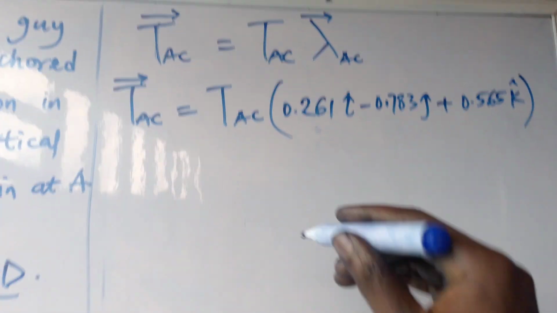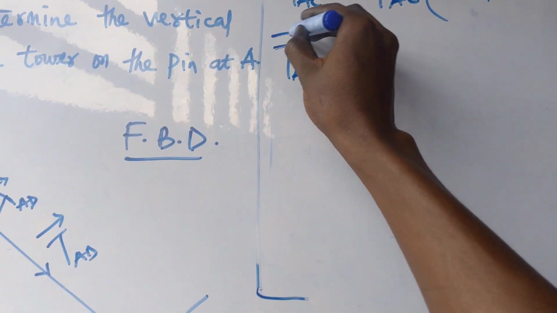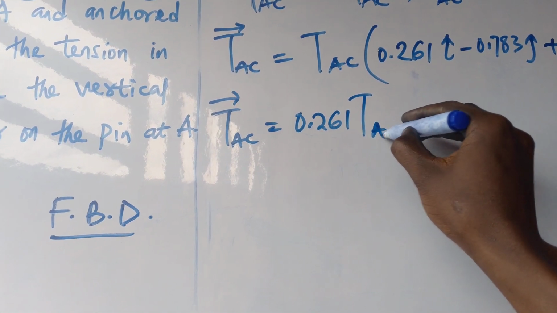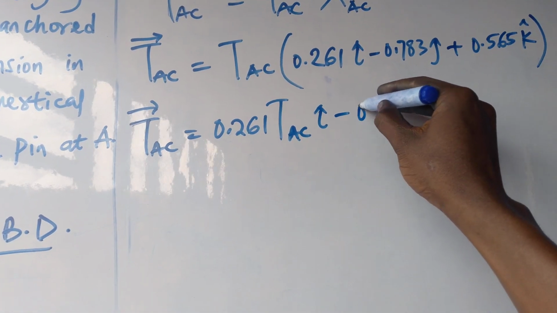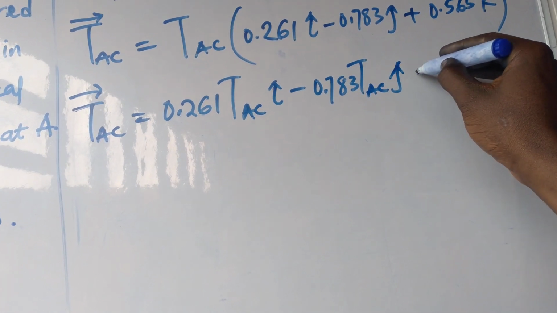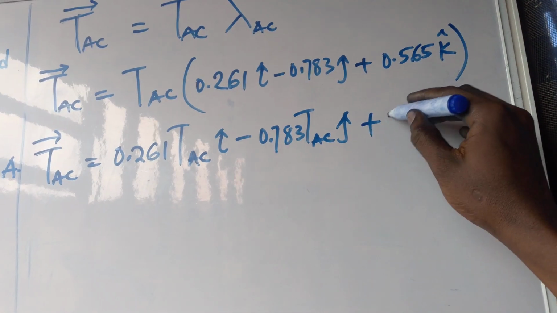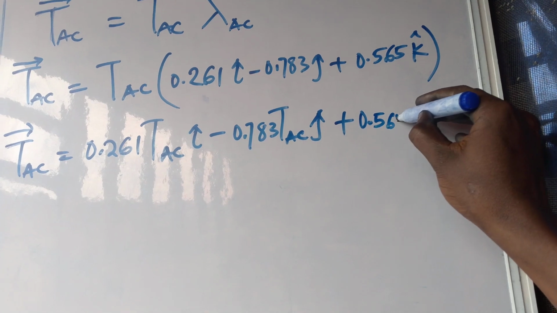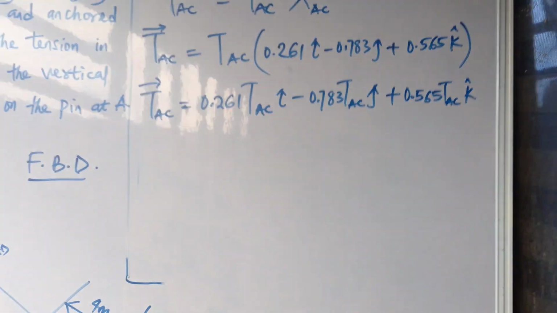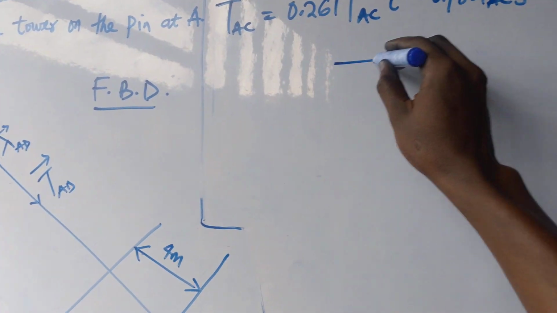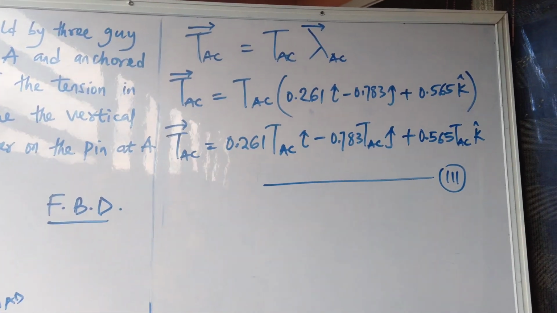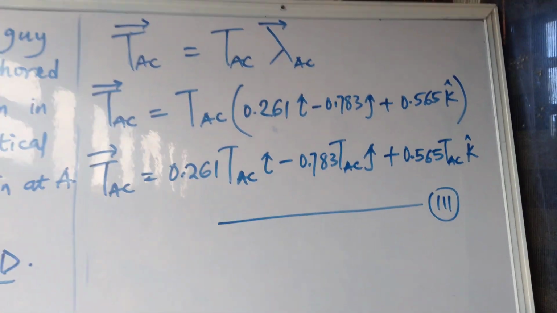Alright. If I multiply it now, this will give me vector TAC equals 0.261 TAC I minus 0.783 TAC J plus 0.565 TAC K. So this will give me equation 3. Okay, that's equation 3. Now the next thing I'll look at, I'll consider cable AD.